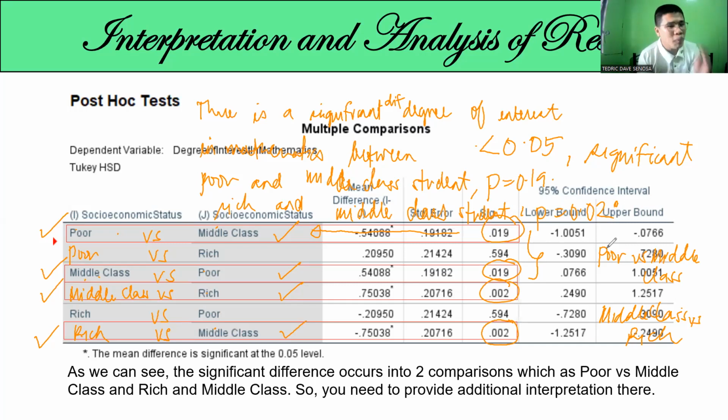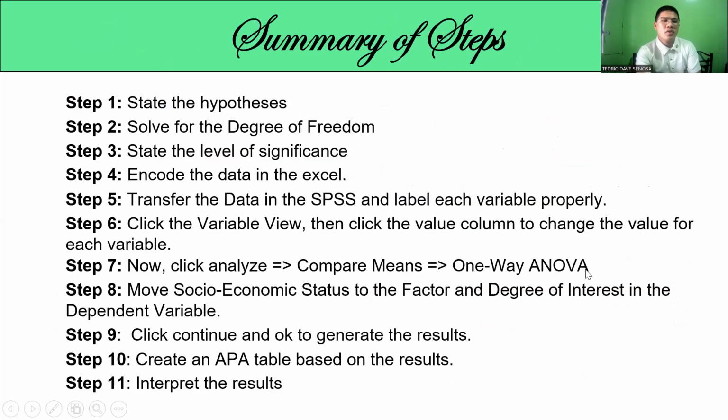Questions? Actually, there will be videos for this. Don't worry. It will be posted on YouTube. They are separate: degree of means, ANOVA, t-test, and Pearson r. So I think that's all for ANOVA. As for the summary of steps, the steps are just the same from 1 to 6, 7 and 8 are different, 9 and 10 same.